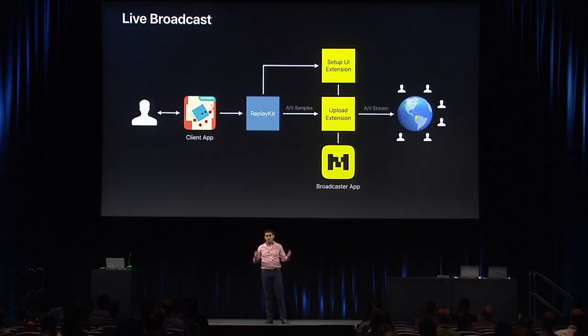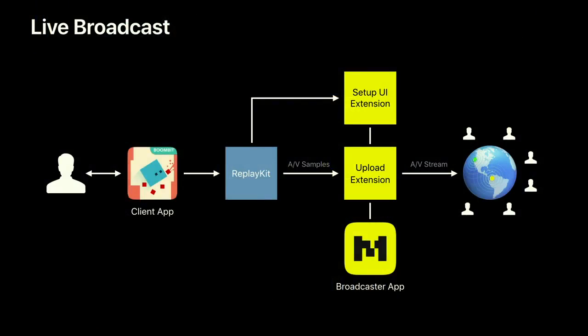This is a high-level picture of how live broadcast really works. Over on the left, you see a player who at some point wants to broadcast his game Tower Dash to Mob Crush, which is a broadcast service. So Tower Dash communicates to the ReplayKit API to initiate the broadcast. And once that happens, ReplayKit will present some UI that allows user to pick the broadcast service.